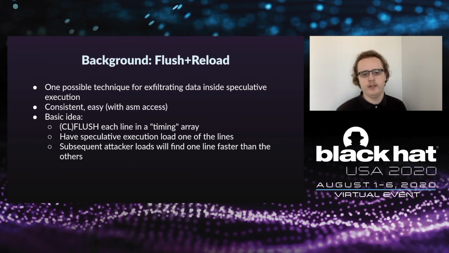And what that'll do is mark a cache line active, and then when you come along later, read through all the cache lines in the array, and one of them will read faster than the others, because the other ones are still reading from main memory because you flushed it earlier, but one of them will be fast because you loaded it during speculative execution. And that side effect on the CPU doesn't get thrown away when the processor realizes it's misspeculated.